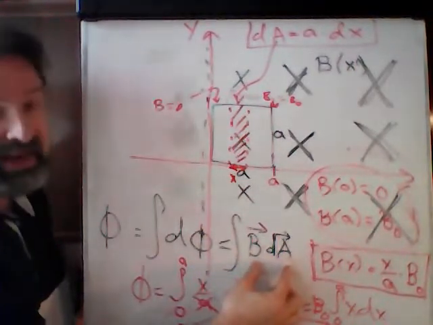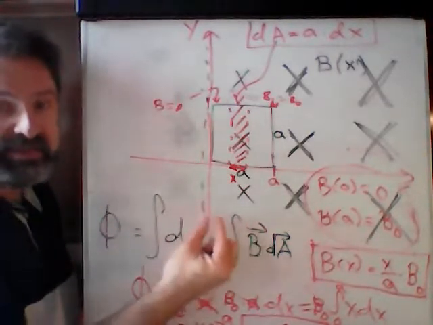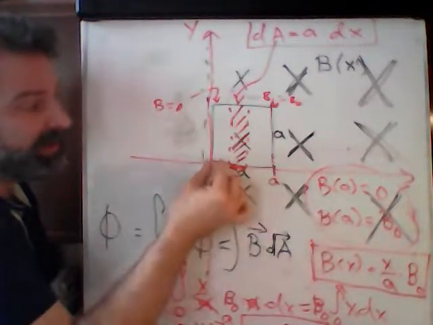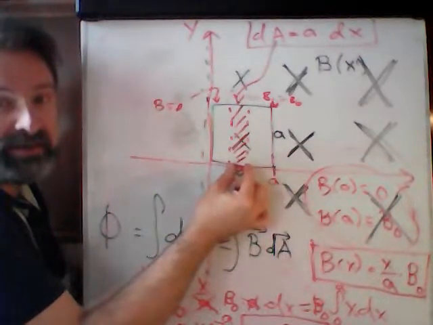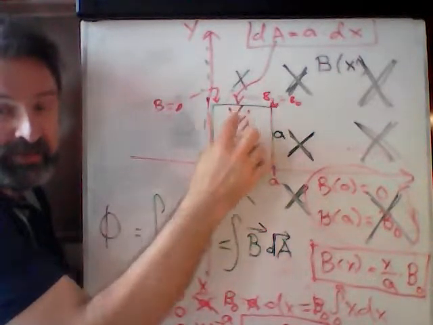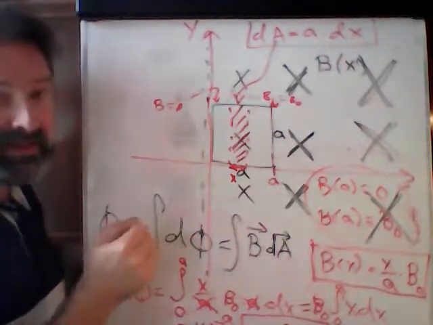And B dot dA is the differential amount of flux that we need to add up to get the whole flux through the loop. This little segment of width dx and height a has a certain amount of flux, and that flux depends on the area.